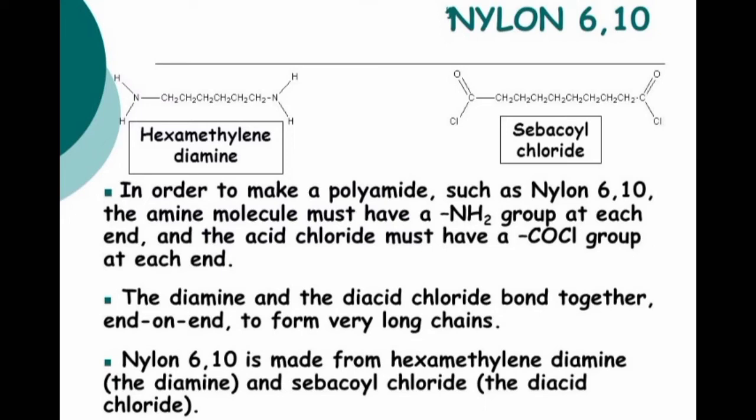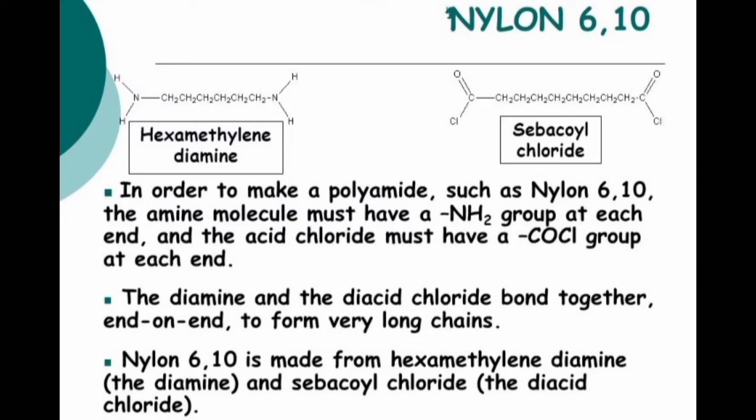This is the sebacoyl chloride. These are the two monomers. The hexamethylene diamine is a diamine containing NH2 at both ends, and sebacoyl chloride is a diacid chloride, containing COCl at both the ends.